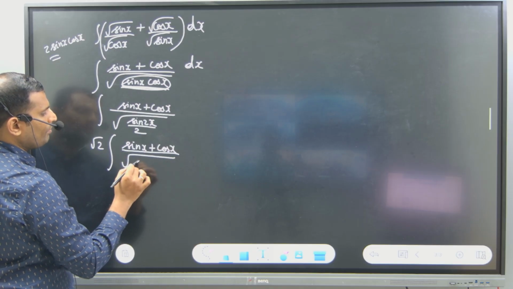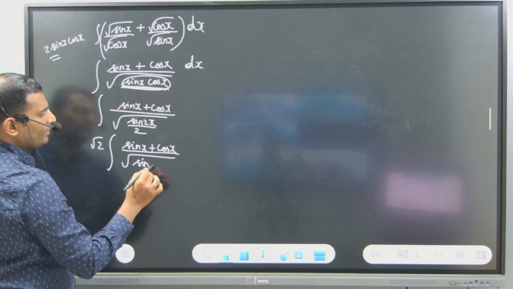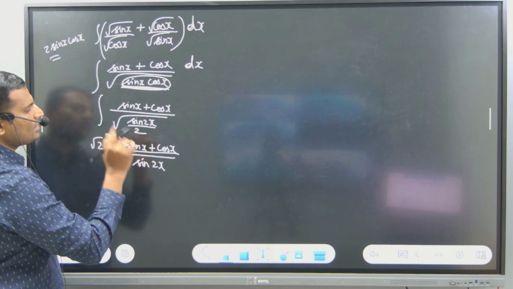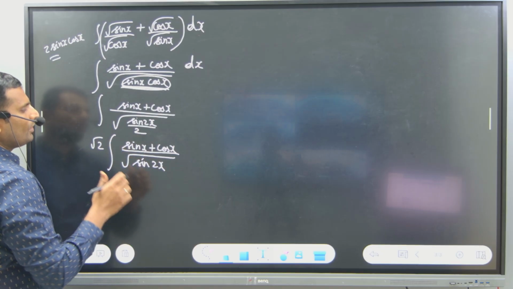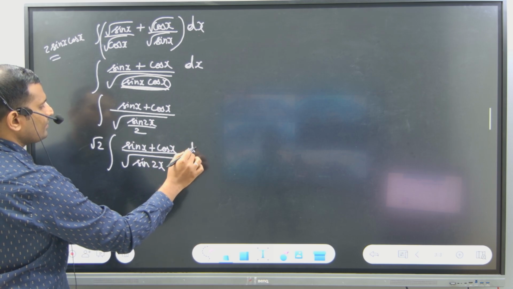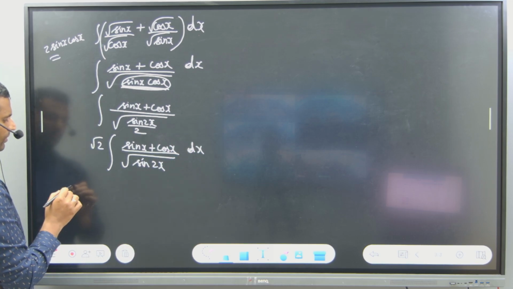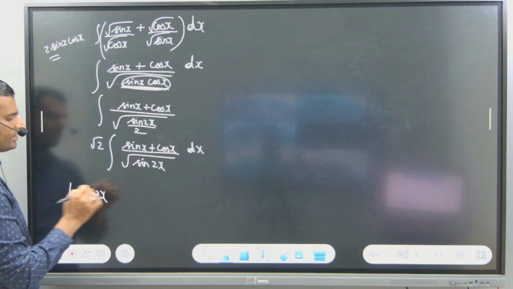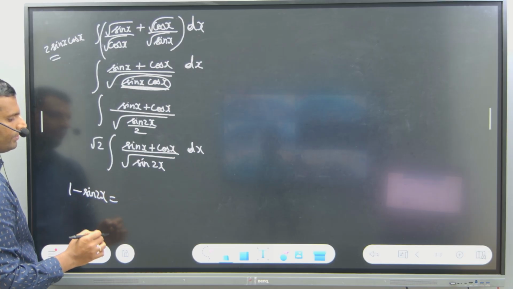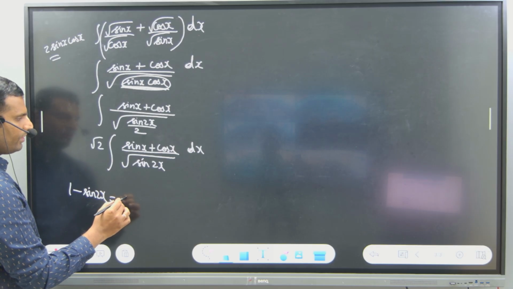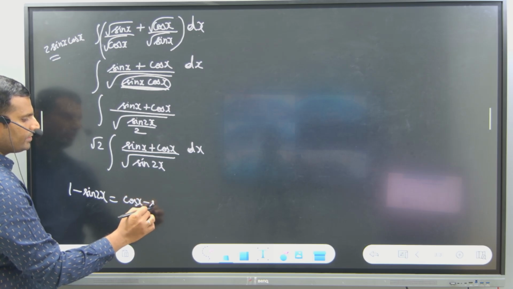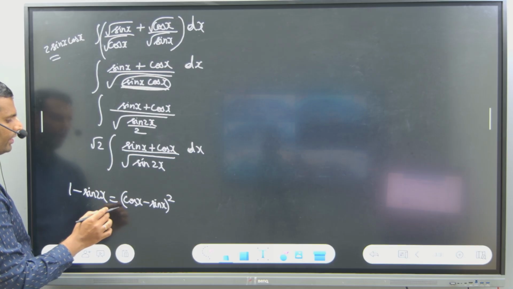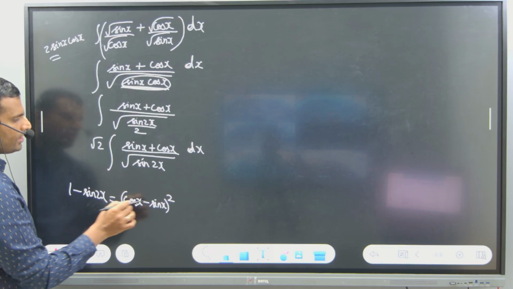Now is the important step. You know that 1 minus sin 2x is cos x minus sin x whole square. Very good. Why am I wanting to write cos x minus sin x?